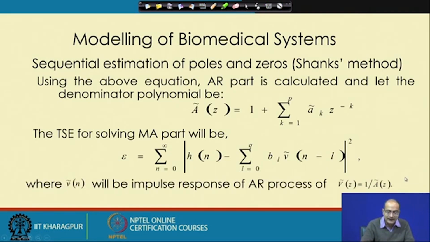Now, V tilde n is nothing but the impulse response of the AR filter, and for the AR filter we already have an estimate.